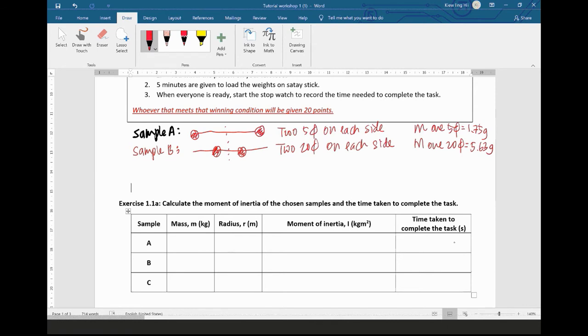So look at here. Even though the mass for 20 cents is heavier, according to the time just now for sample A, how long did we take? Around 8 points.